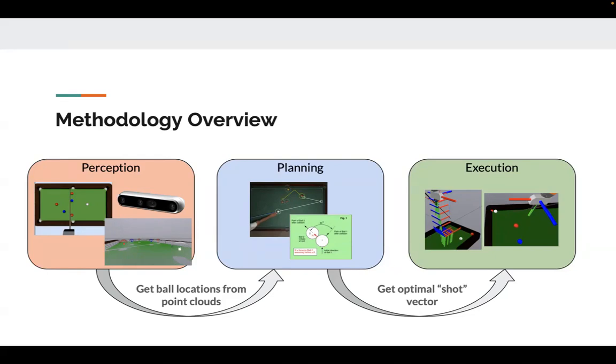Once we're at the execution stage and we have the optimal shot to take, the first step is to create the trajectory in end effector space from the gripper position to the actual shot that needs to be taken. But one limitation there is that we're not able to use mobile manipulation and a mobile base. We're using a stationary base just due to time constraints. So we have to test out different locations around the pool table to see which one is viable and able to make that shot.